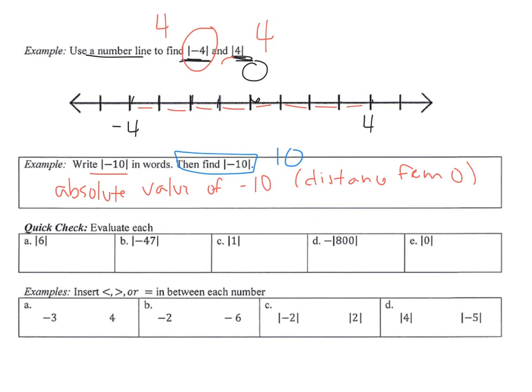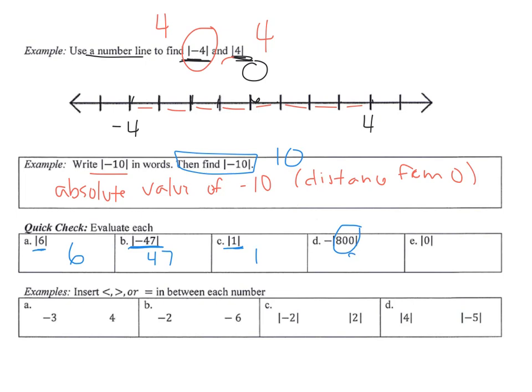Now try these. What is the absolute value of 6? How far is 6 from 0? It is 6. How far is -47 from 0? It's 47. How far is 1 from 0? It's 1. Okay, now this one: how far is 800 from 0?